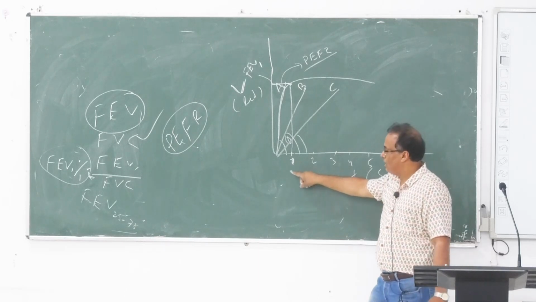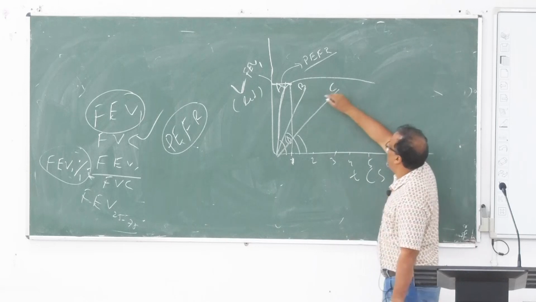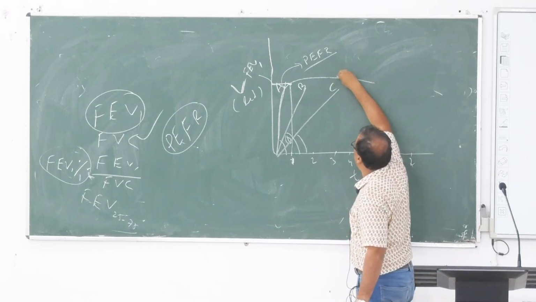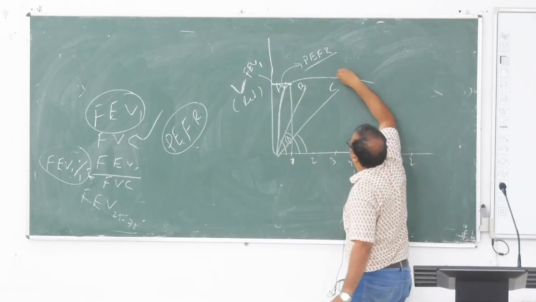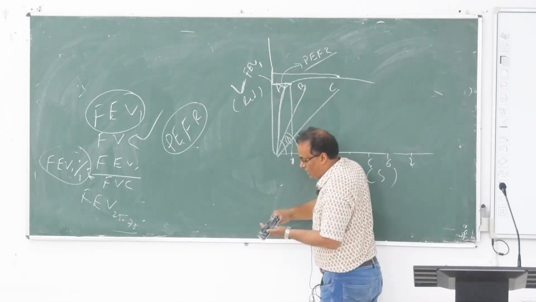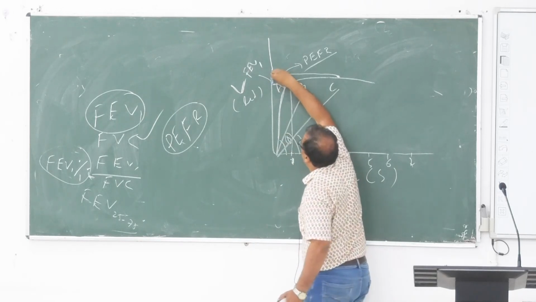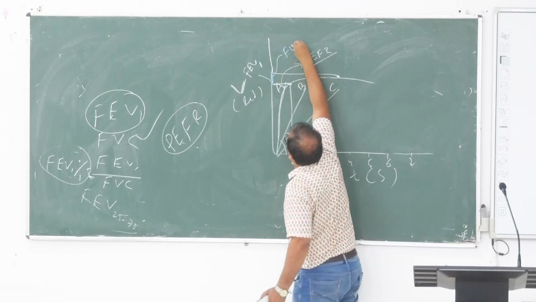Another number is FVC. Shall we say A is the maximum point? This volume, this percent volume, is called FVC.